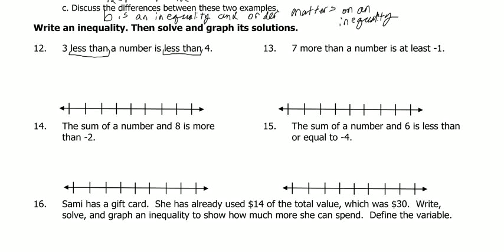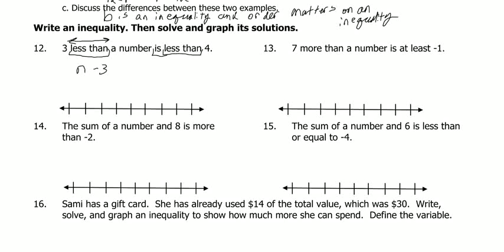The other is preceded by the word is. Now is refers to an equality, inequality, some form or fashion of that. If we remember correctly, less than is a swapped word. So we're going to do n minus 3 is less than 4.